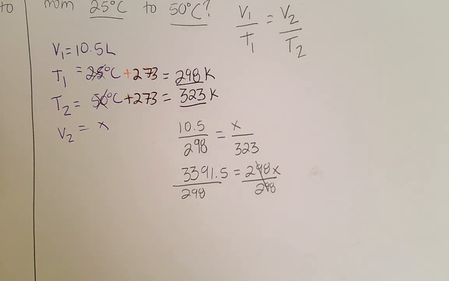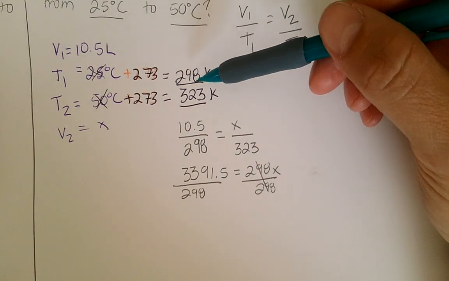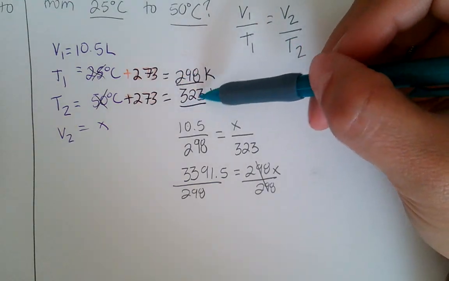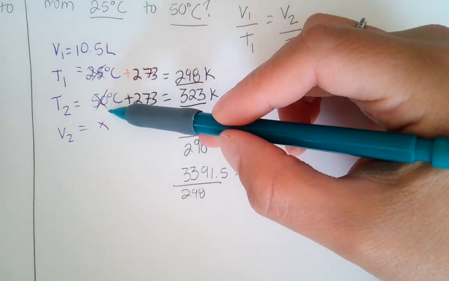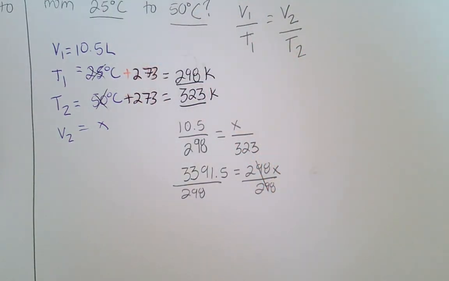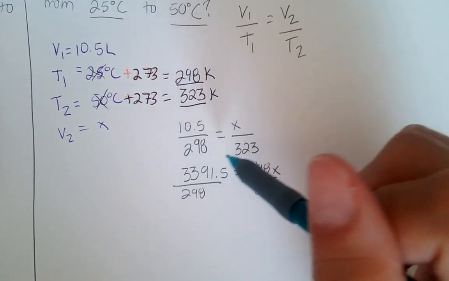Now, like I said before, you will always want the least number of sig figs, and this is a multiplication and division. I want you guys to take into consideration just the significant figures of the Kelvin. Don't take into consideration the significance of the Celsius, because technically the Celsius did not go in this problem.